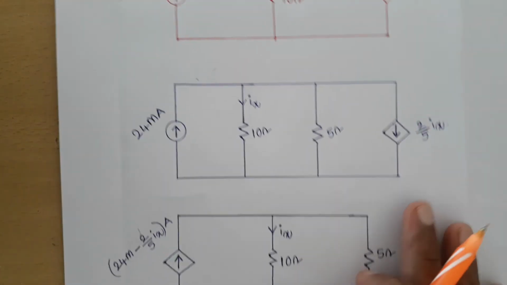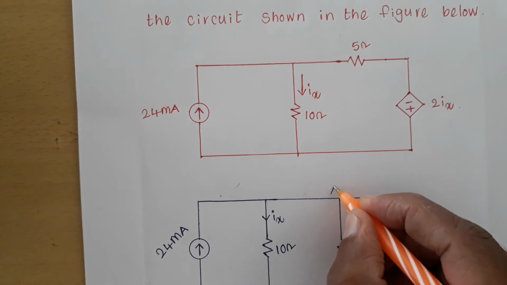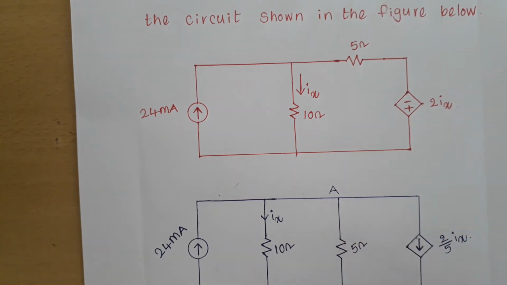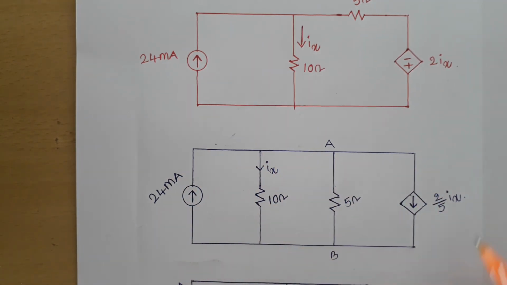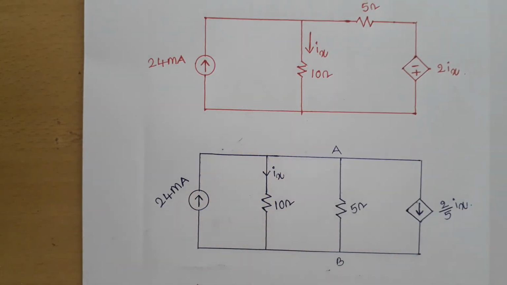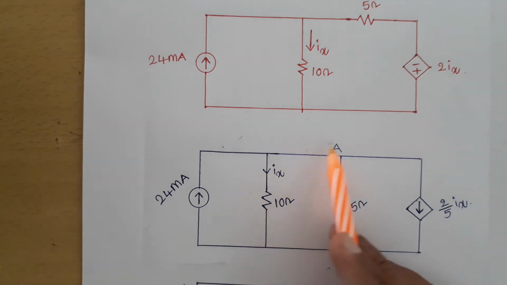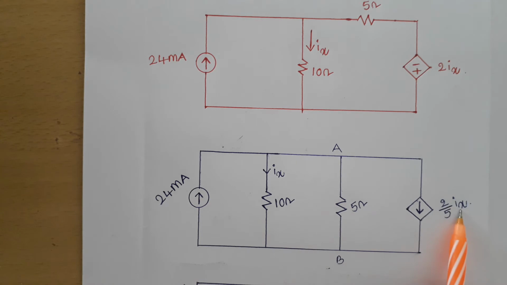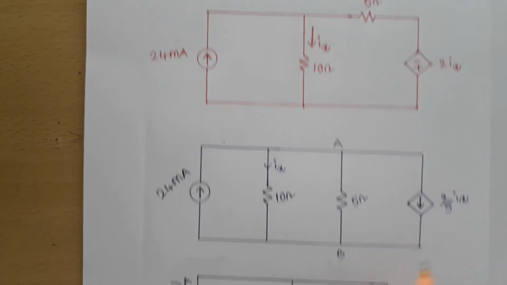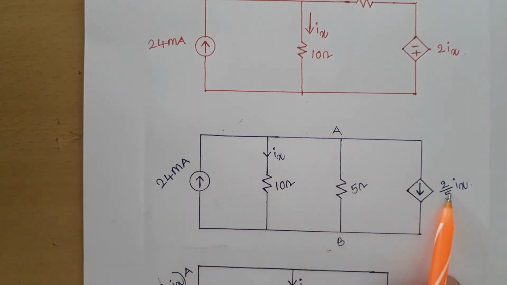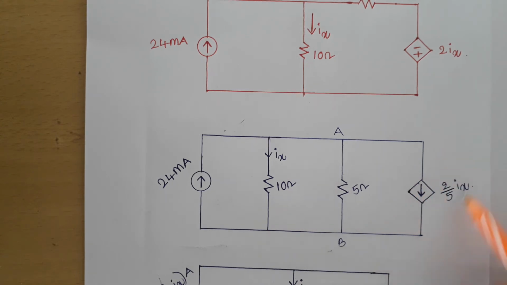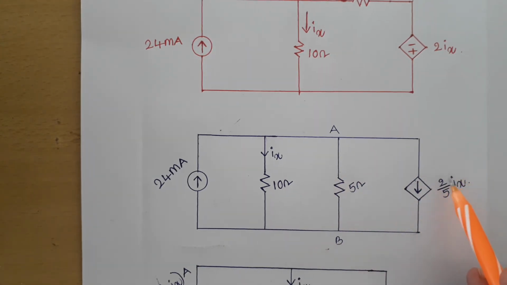We can take this as node A and this as node B. Here 24 milliamperes is flowing from B to A, and the current flowing from A to B is 2 by 5 Ix, which means from B to A it is minus 2 by 5 Ix.